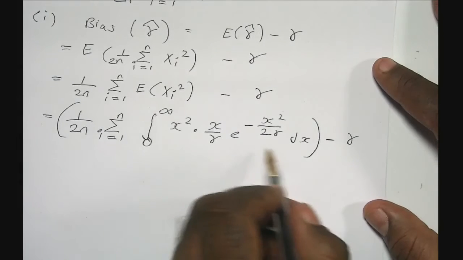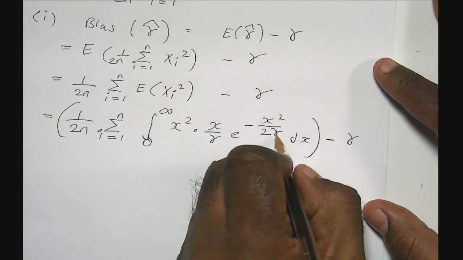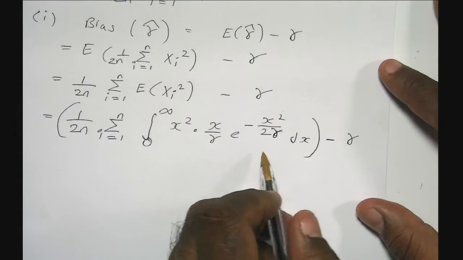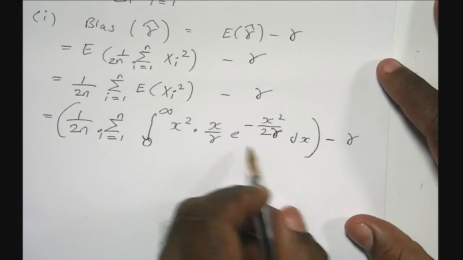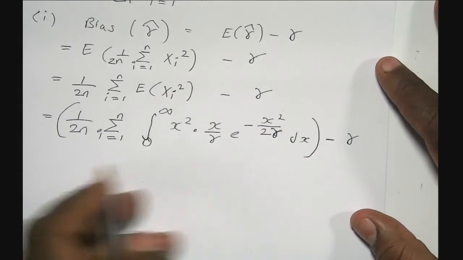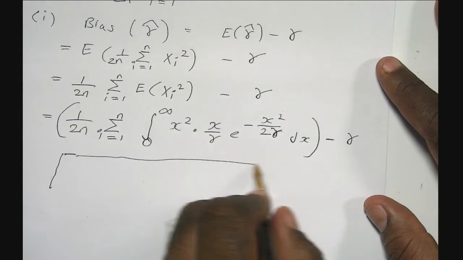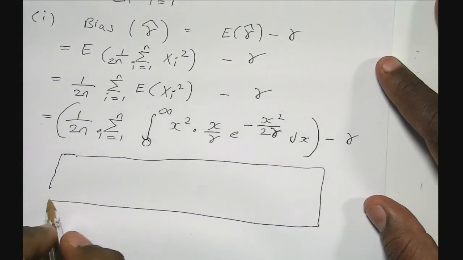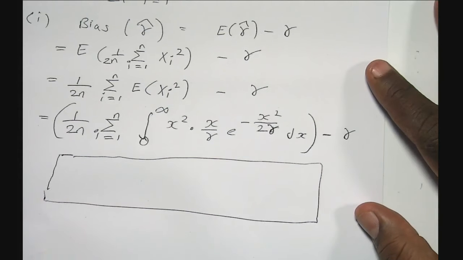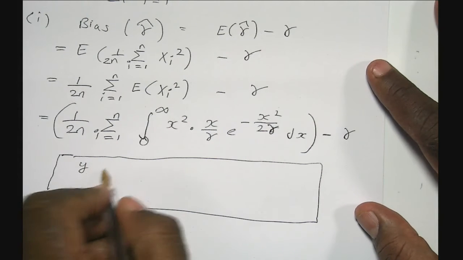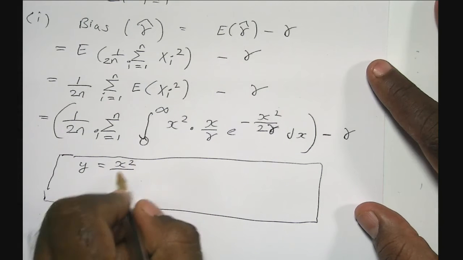Now to do this integration, some of you say this is complicated, but it's not really a complicated integral, guys. It's not really difficult to integrate. What you need to do is just a substitution. I suggest you substitute y equal to x squared by 2 gamma.